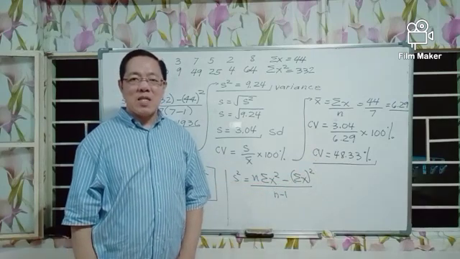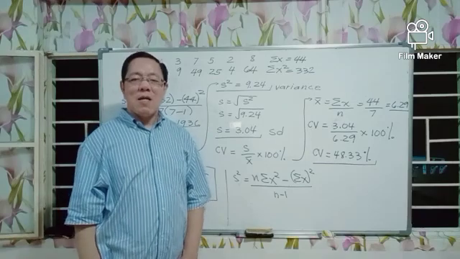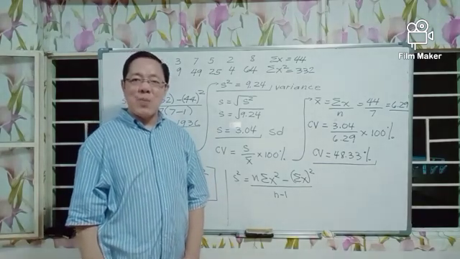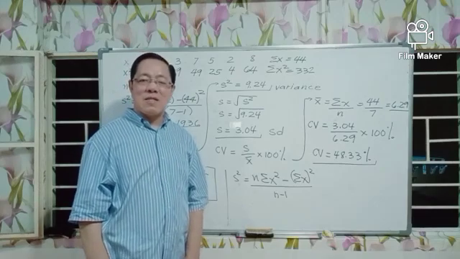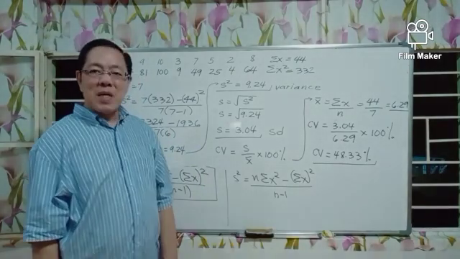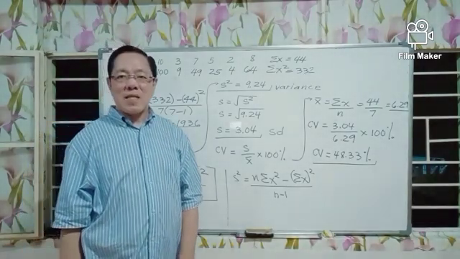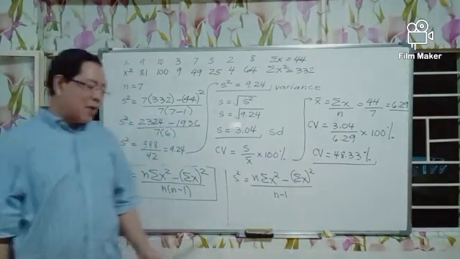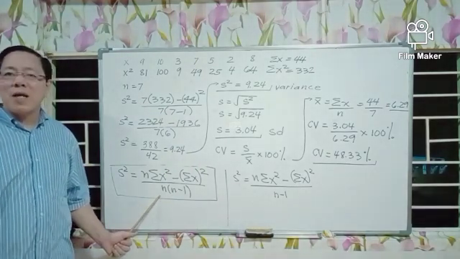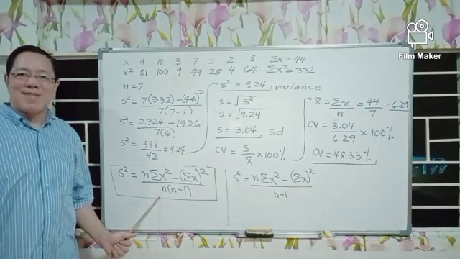And that is what is meant when we say the coefficient of variation standardizes the standard deviation. And this completes our example for using the formula for computing standard deviation with corrector factor in the denominator.